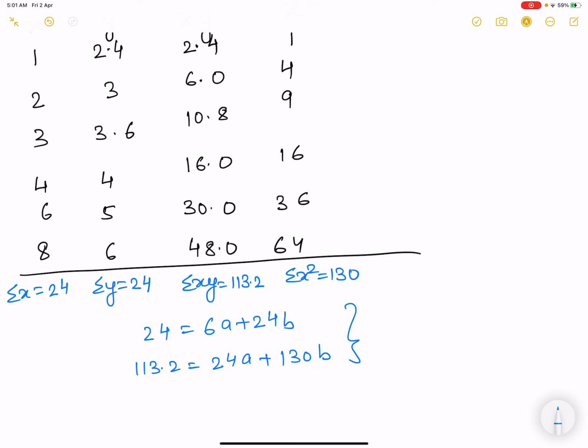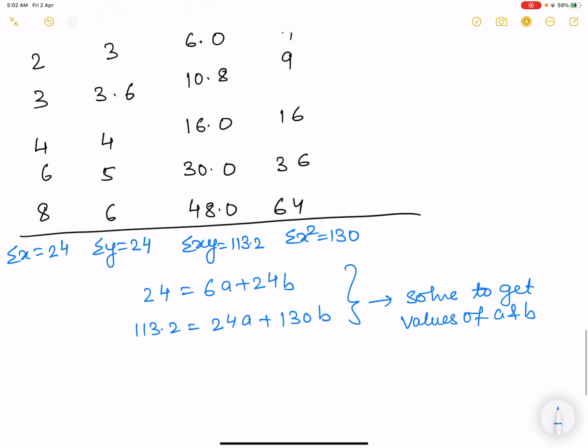Solve the equations to get the values of a and b. So on solving, we get a is equal to 1.976 and b is equal to 0.506.